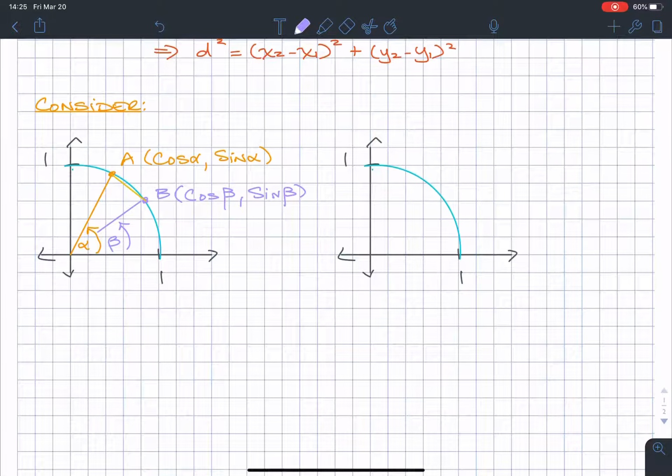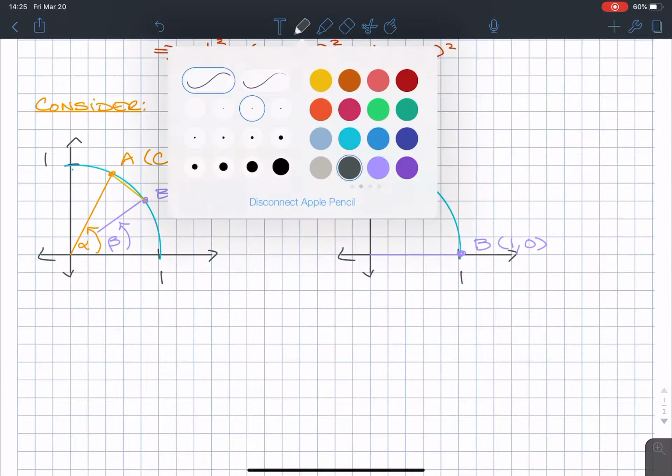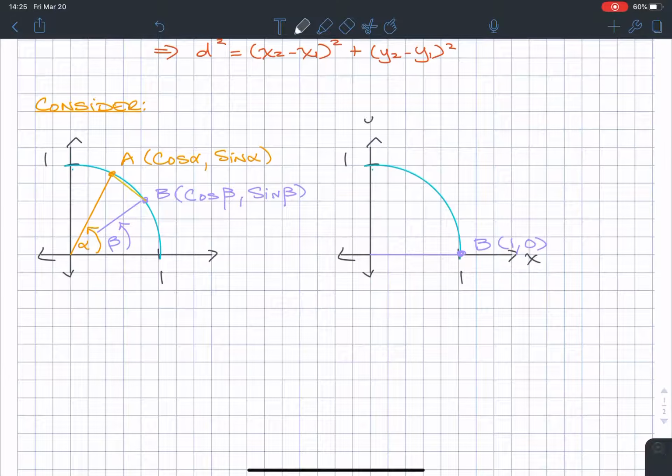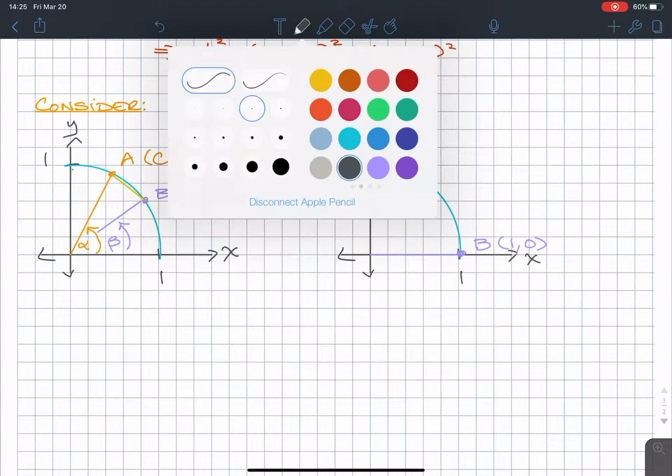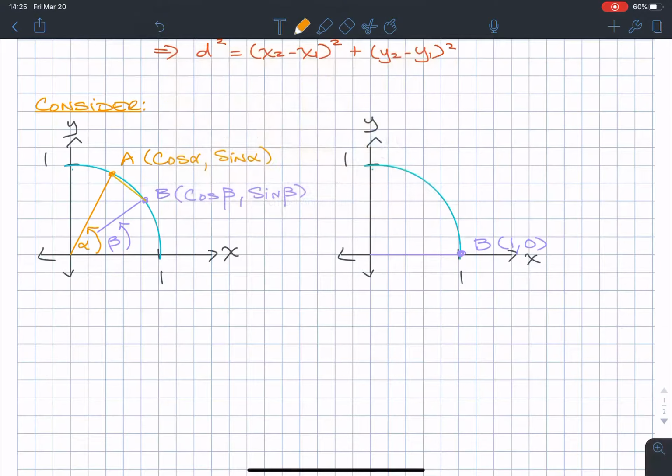So what would happen if I were to rotate this so that B was flush with the x-axis? So now B has coordinate 1, 0. Oh, and I didn't label my axes, X and Y, shame on me. Okay, and we've rotated this, so A is here.